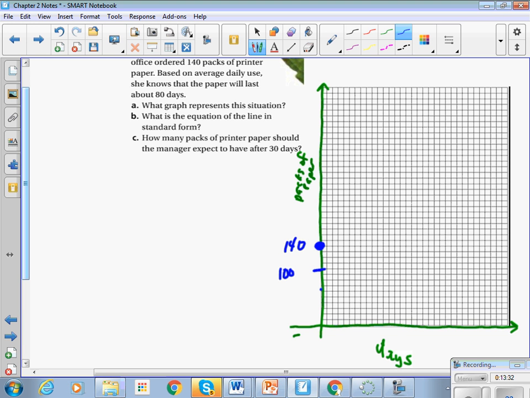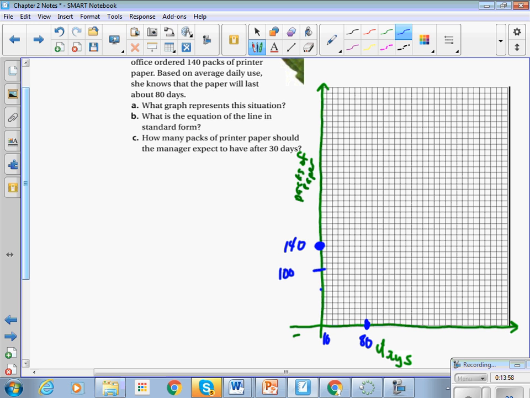And after how many days are we at 0 paper? 80. We'll just count by tens: 10, 20, 30, 40, 50, 60, 70, 80.